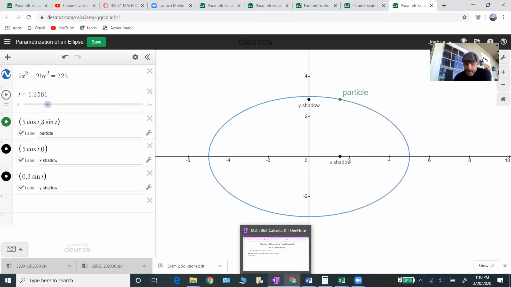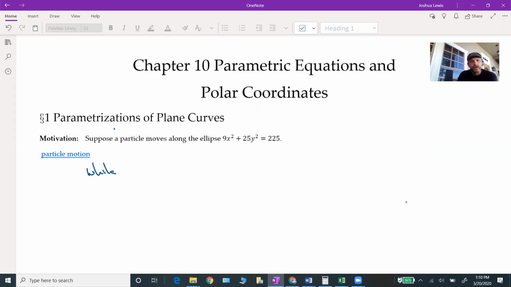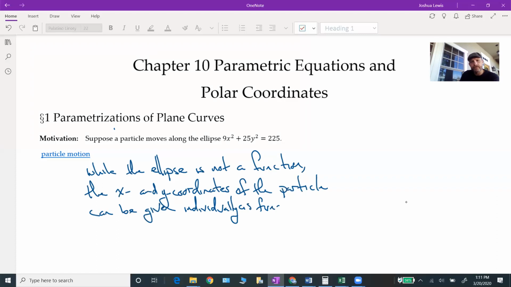The big piece is that while the ellipse is not a function, the x and y coordinates of the particle can be given individually as functions.